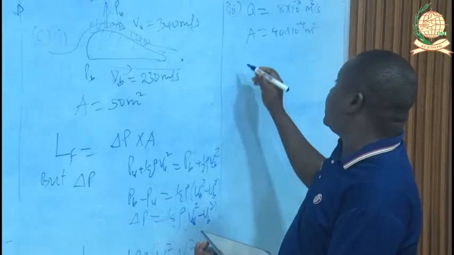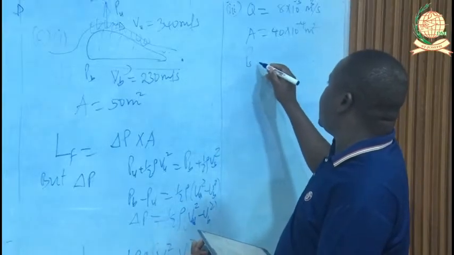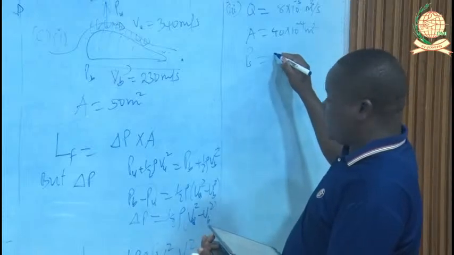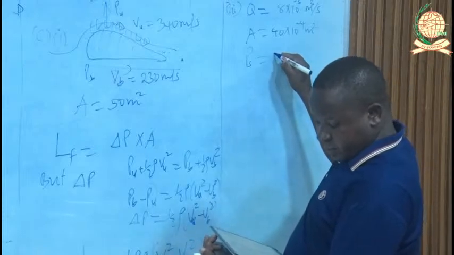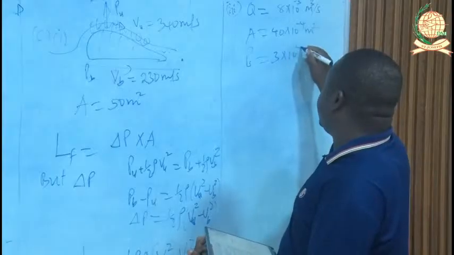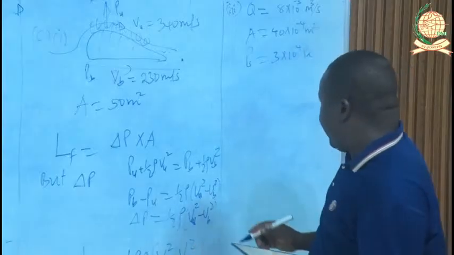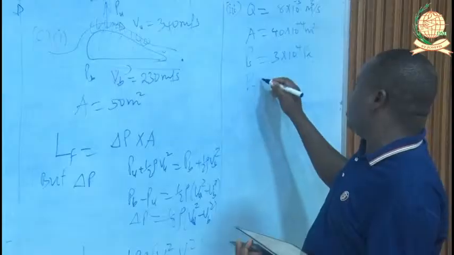P static equals 3 times 10 exponent 4 Pascal. So we are looking for the total pressure.